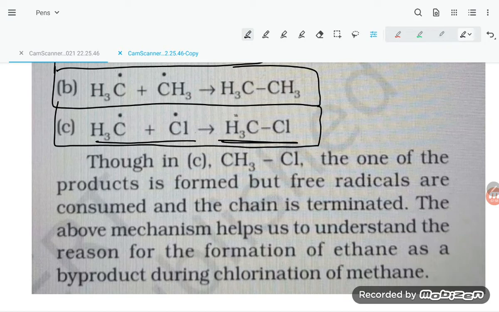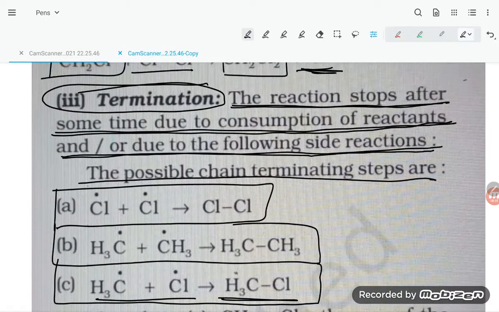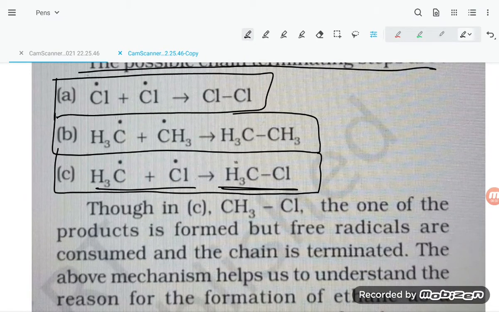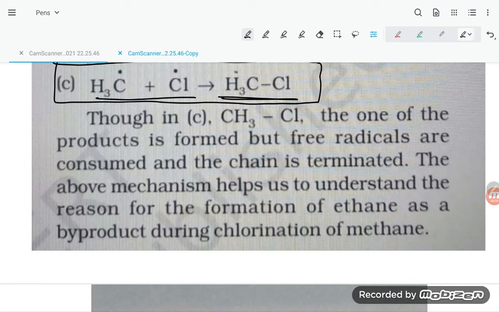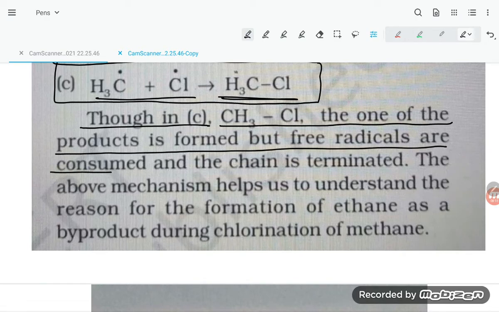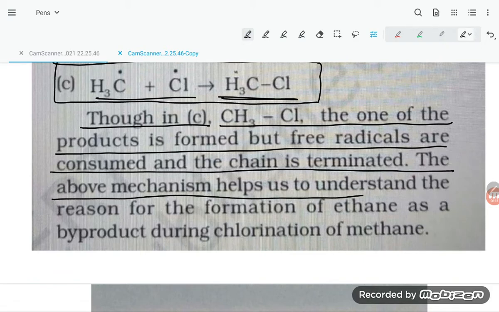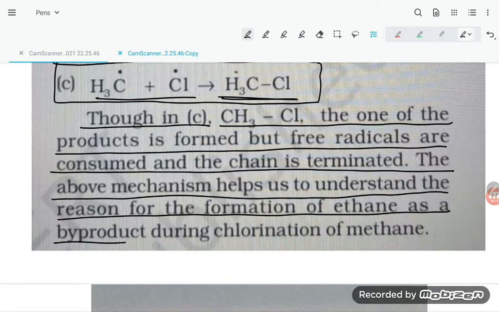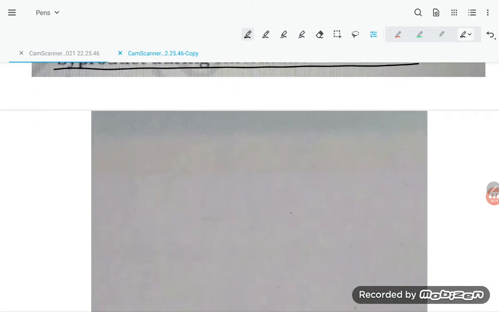So in the termination step, when two free radicals combine, the chain gets terminated. Though CH3Cl, one of the products, is formed, free radicals are consumed and the chain is terminated. The above mechanism helps us understand the reason for the formation of ethane as a byproduct during the chlorination of methane.